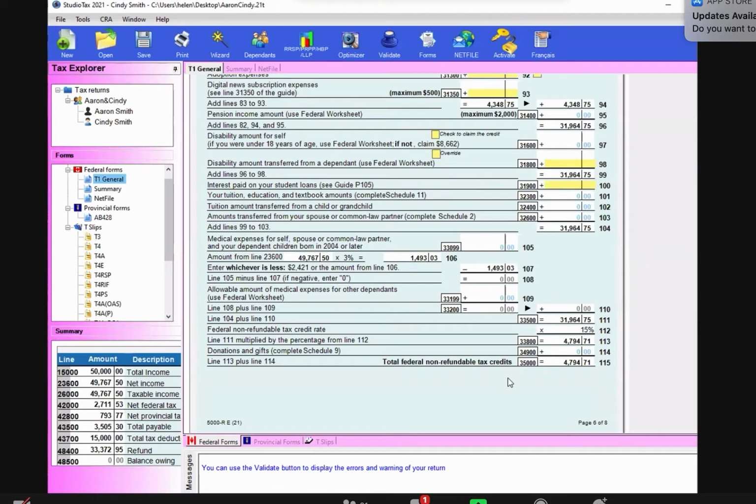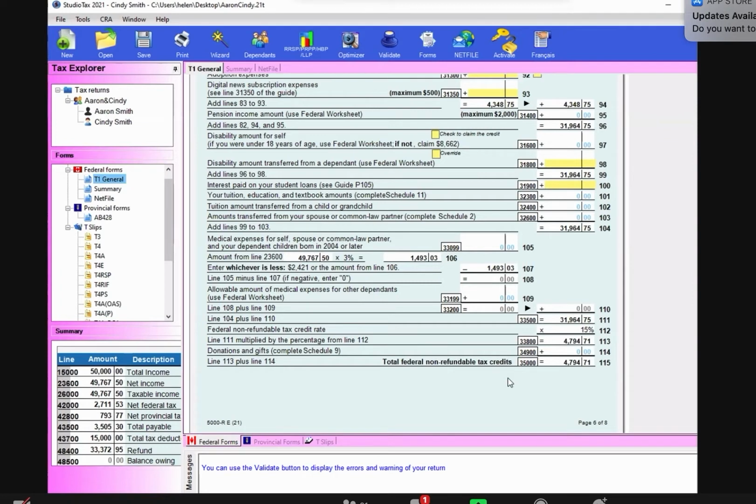Then the $3,000 has to be reduced by 3% of Jackson's net income. For example, Jackson's net income is $10,000. 3% of $10,000 is $300, right?